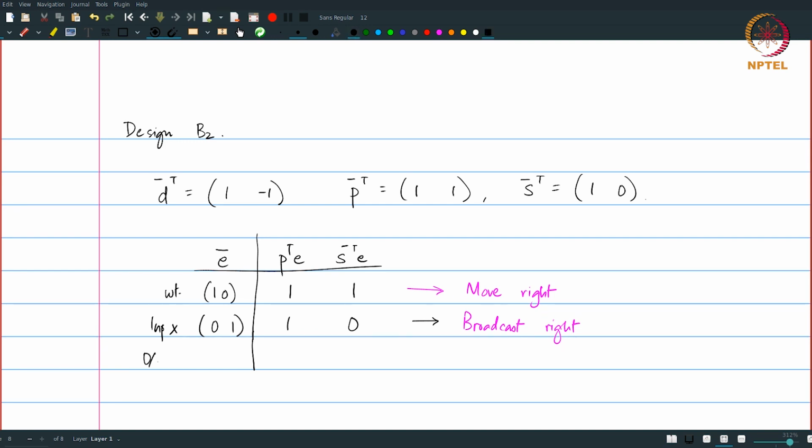What about the output Y, which had a vector of 1, minus 1? This corresponds to a P transpose E equal to 0 and S transpose E is equal to 1. Effectively, what it says in other words is output is stationary, remains in the same place, remains on the same computational element.